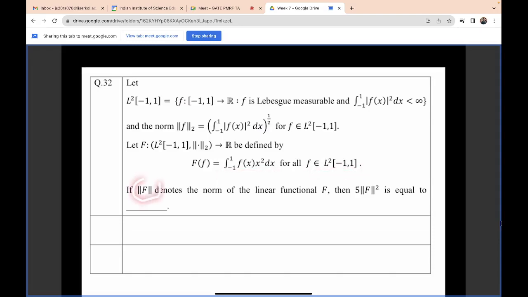Then you have to find the norm of this functional, that is, if this denotes the norm of the linear functional, then you have to find the value of this.